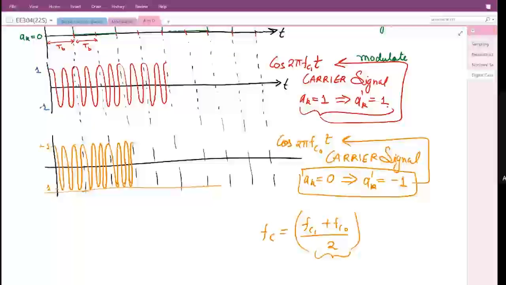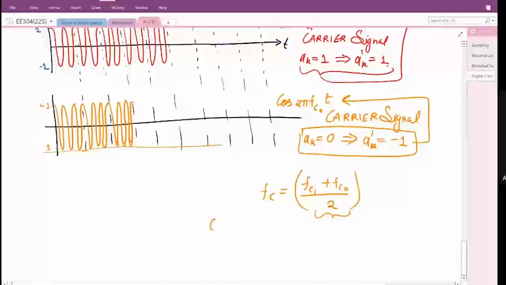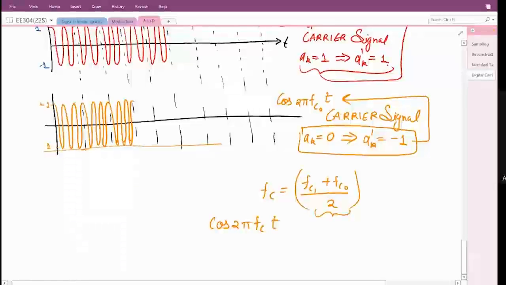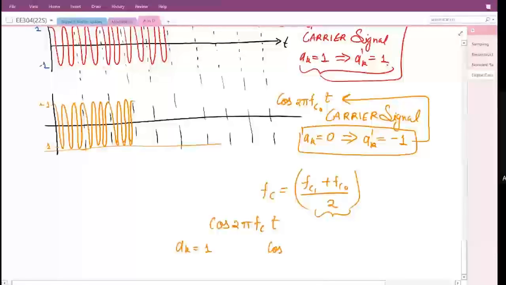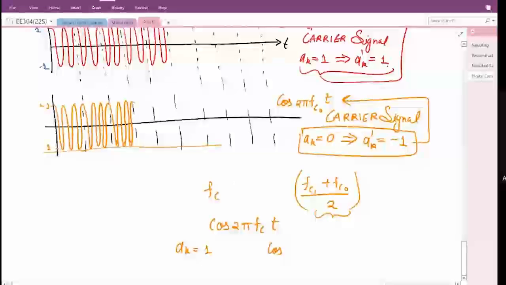What I'm saying is let the carrier be cos 2 pi FCT. And for the case when AK is equal to plus 1, then FC is this, and so FC can take two values. I am saying that FC belongs to two values, which is plus minus this.